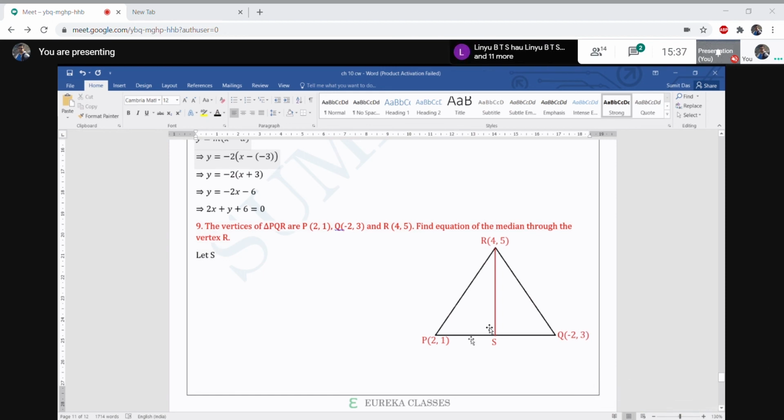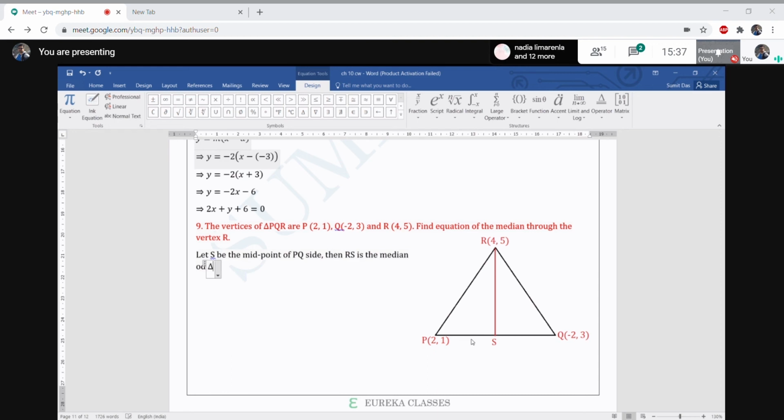So we'll write, let S be the midpoint of PQ side. Then RS is the median of triangle PQR.